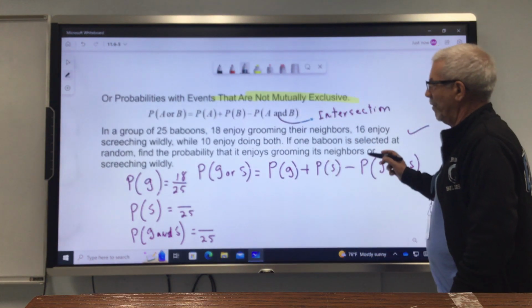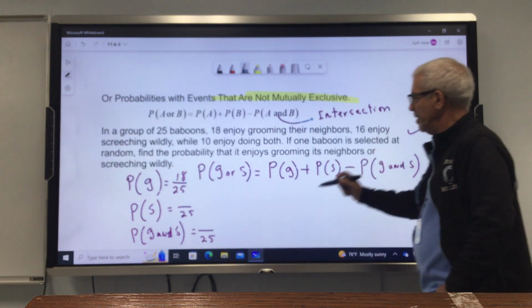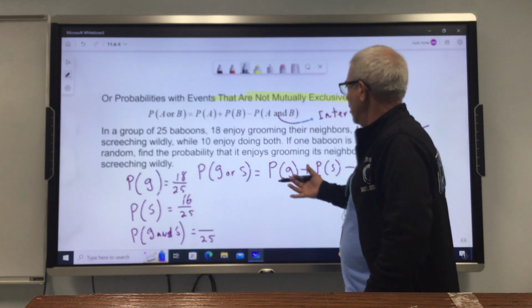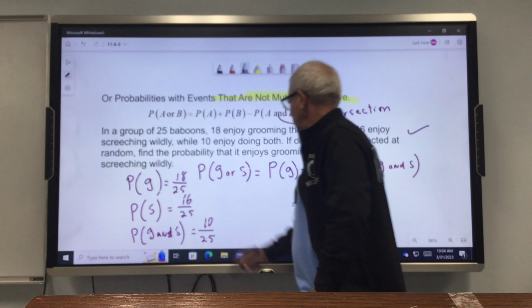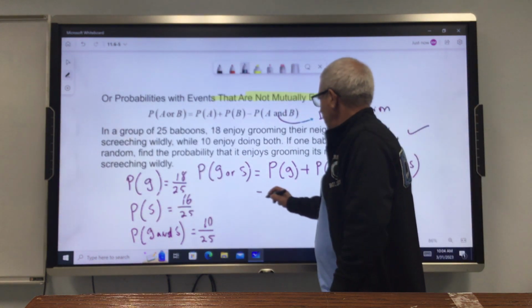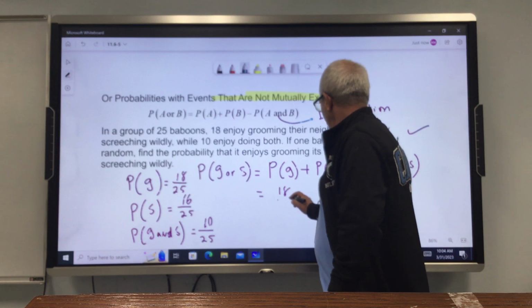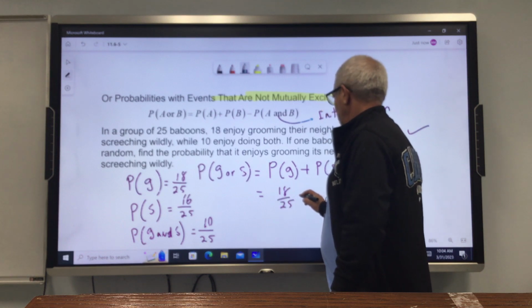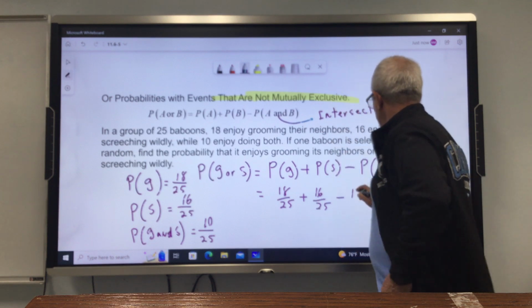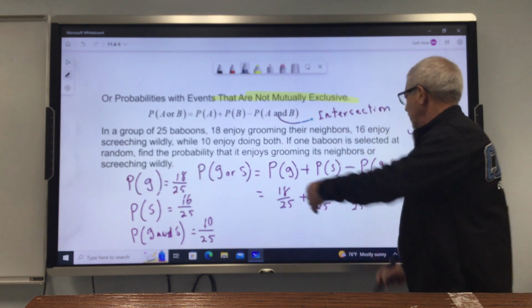How many love scratching? 16. And how many love both of them? 10. We plug the 3 values into the formula and we solve it. That will be P(G or S) is 18 over 25 plus 16 over 25 minus 10 over 25.